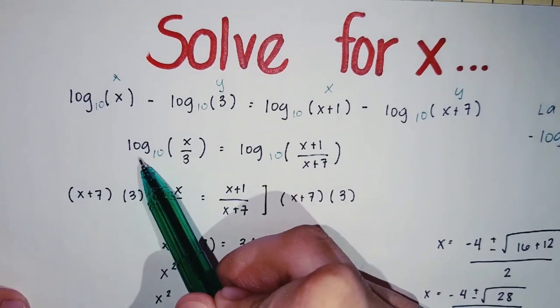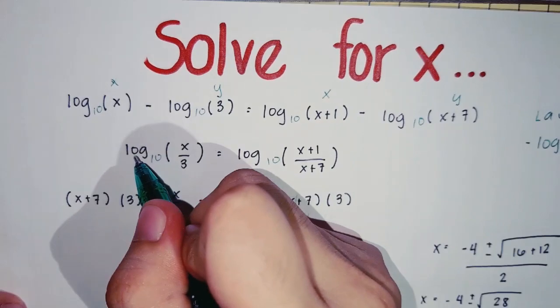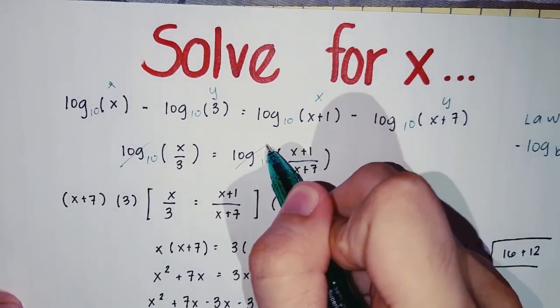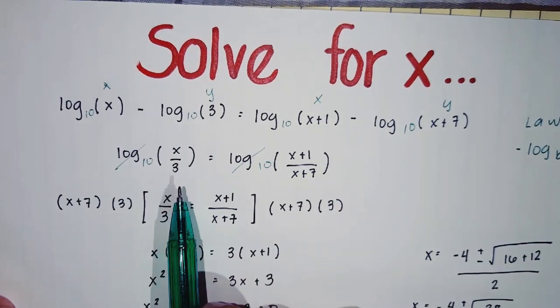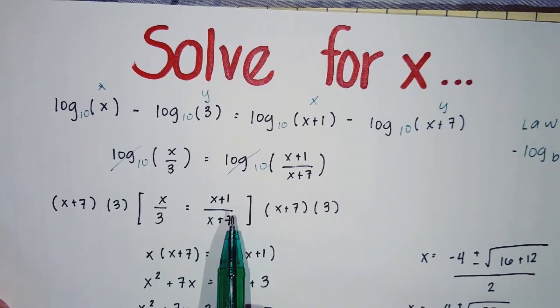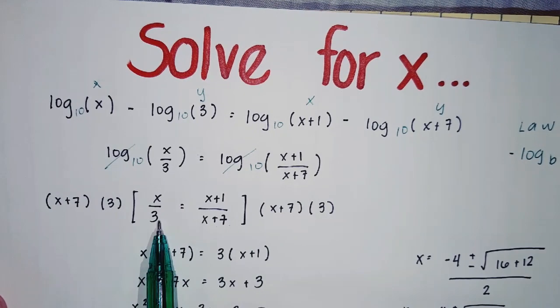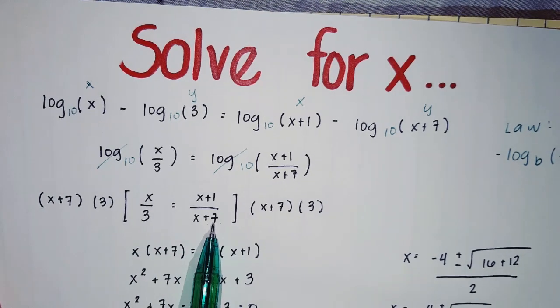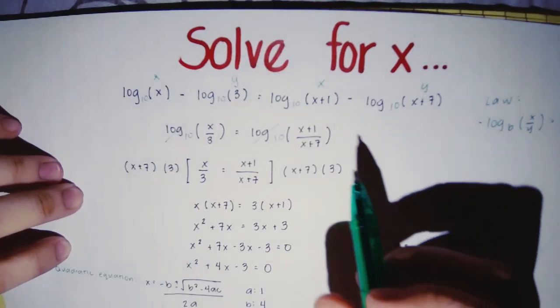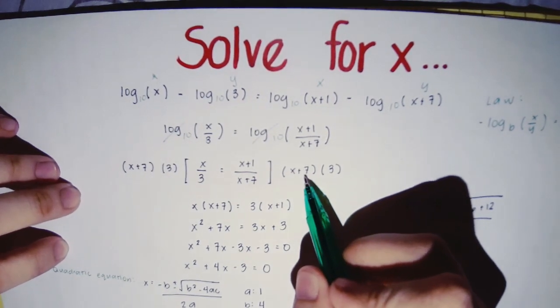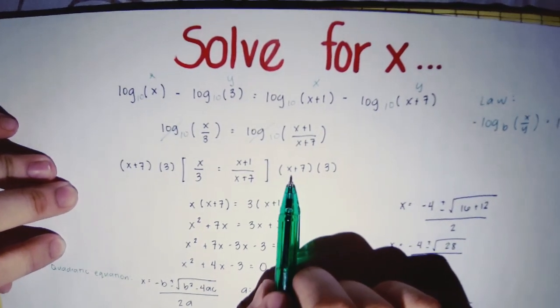As you can see, they have the same base. That means we don't need the logs and we just have to bring down x over 3 equals x plus 1 over x plus 7. So we have to get 3 and x plus 7 off the bottom by finding their least common denominator, and their LCD is 3 times x plus 7.